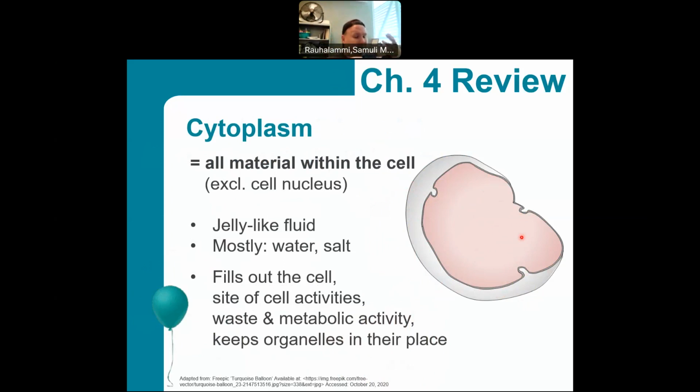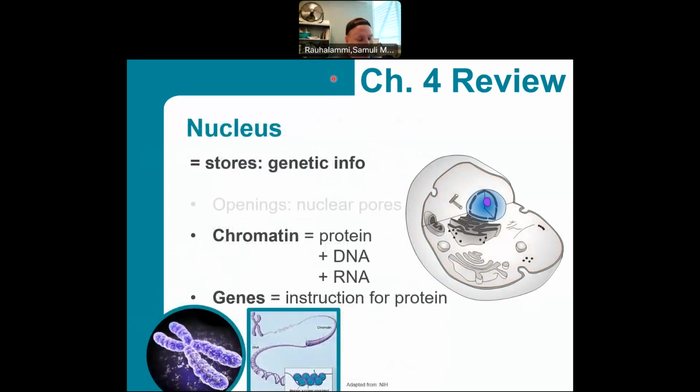There are a lot of metabolic activities and waste processes happening, and the cytoplasm also provides the matrix holding the different cell organelles, which we will review next, in their place. So you can consider that it is what gives the cell its shape and keeps everything in place.